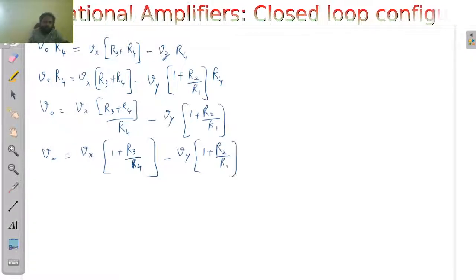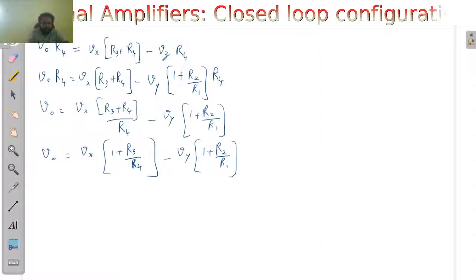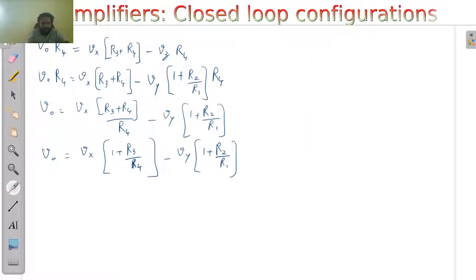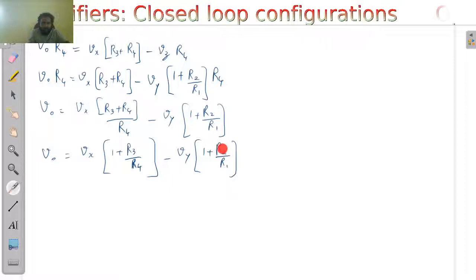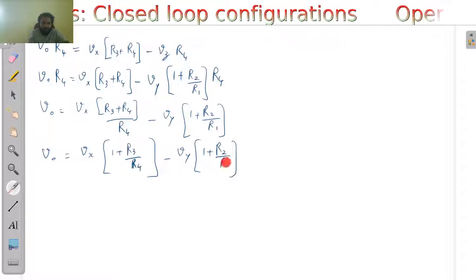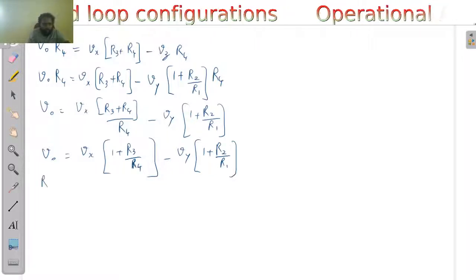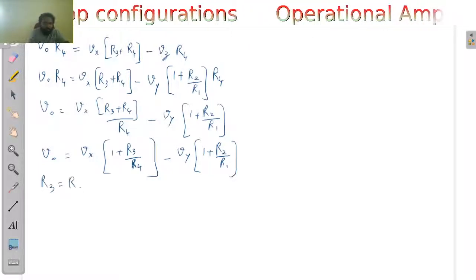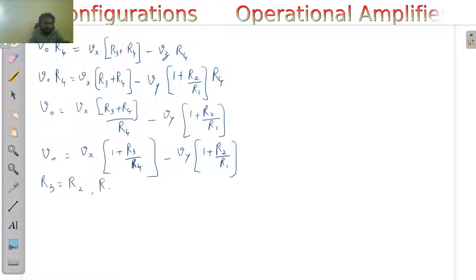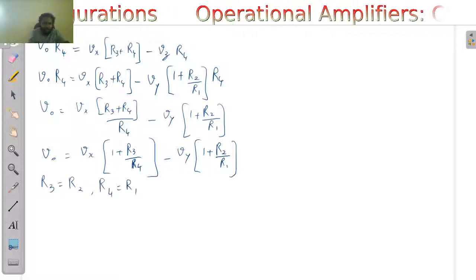Here we can do a simple simplification. We can make R3 equal to R2 and R4 equal to R1.